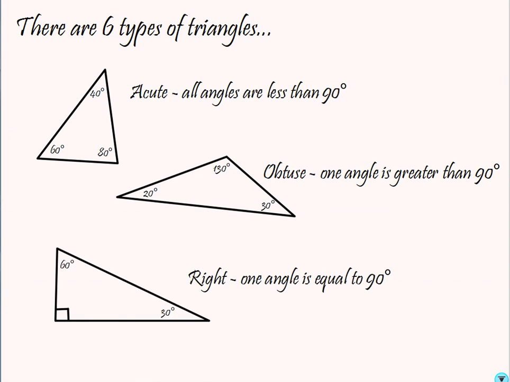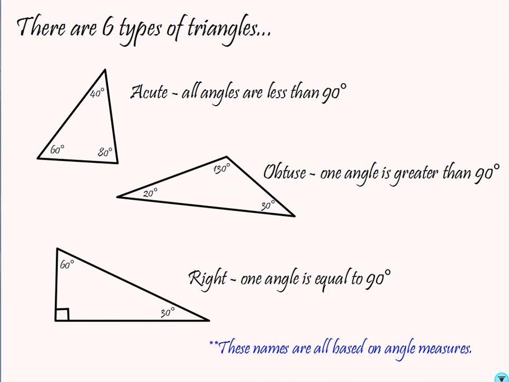Then we have a right triangle where one angle, of course, is equal to 90 degrees. These names are all based solely on their angle measures.